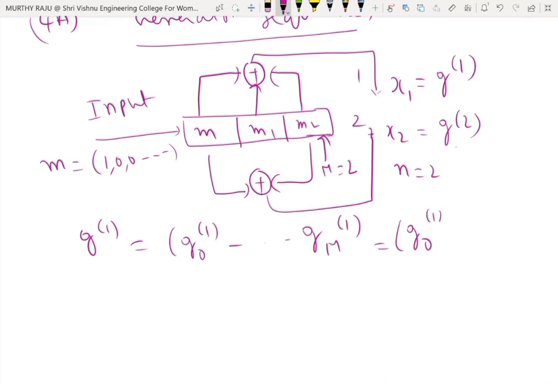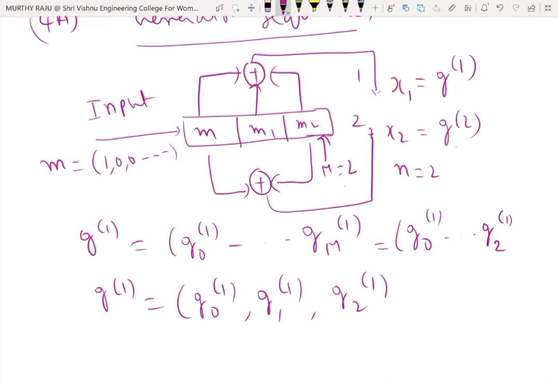G naught of 1. Here m is equal to 2, so 2 flip-flops will be required to store the previous 2 successive bits. That means G2 of 1. Therefore, G of 1 is equal to G0 of 1, G1 of 1, and G2 of 1.